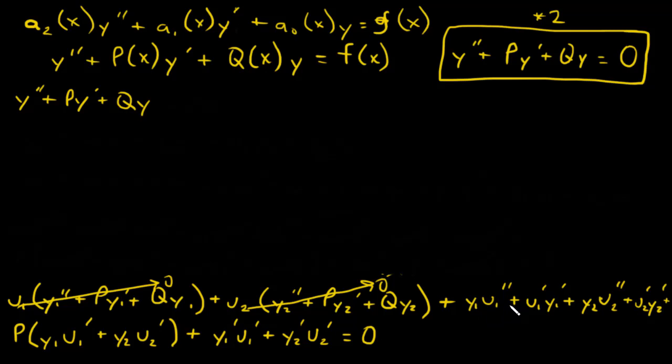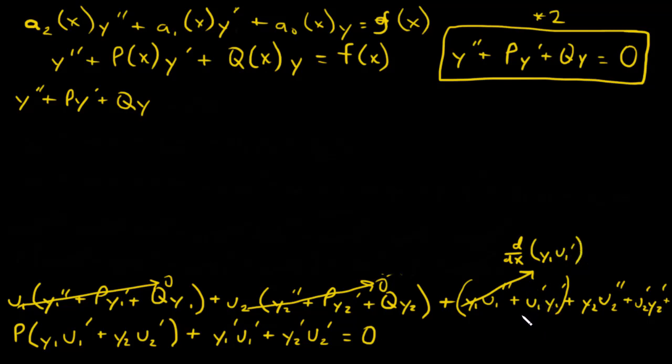What I have here for these two terms, first times derivative of the second plus second times derivative of the first, this set of terms right here is equal to the derivative of y1 u1 prime.